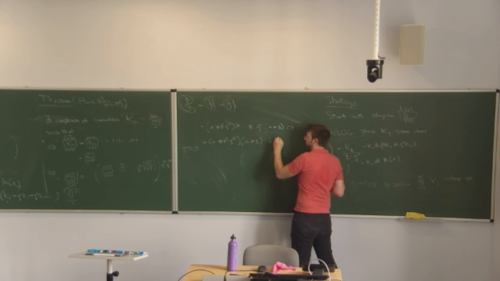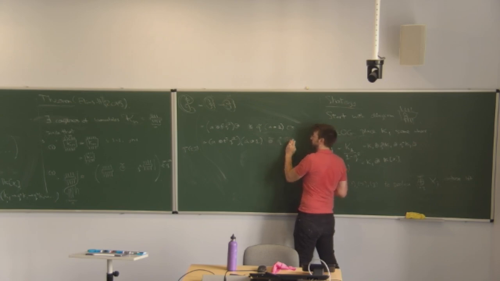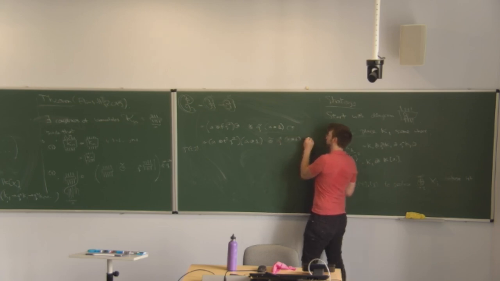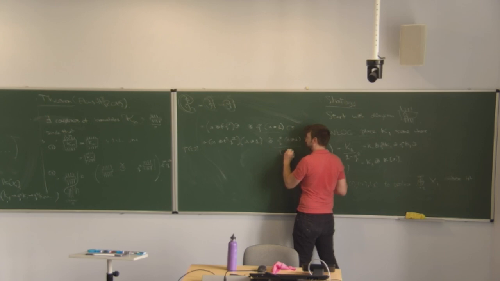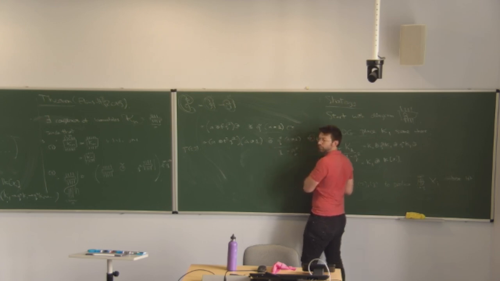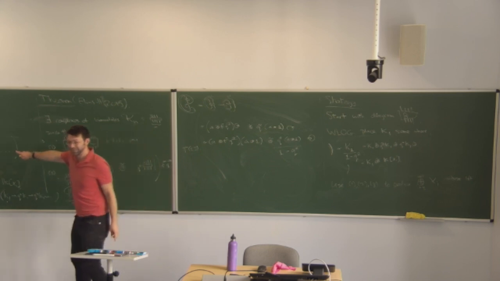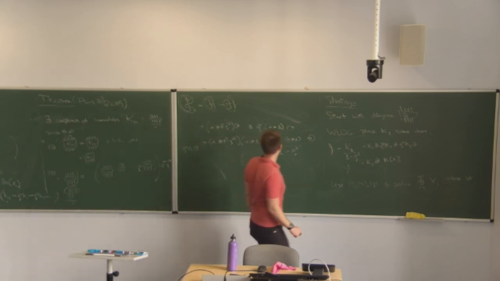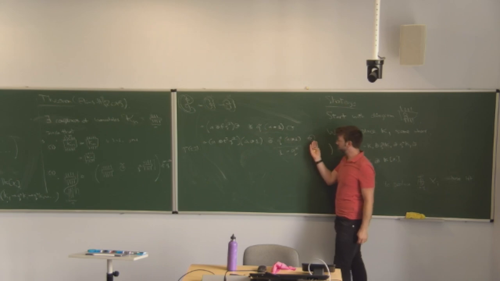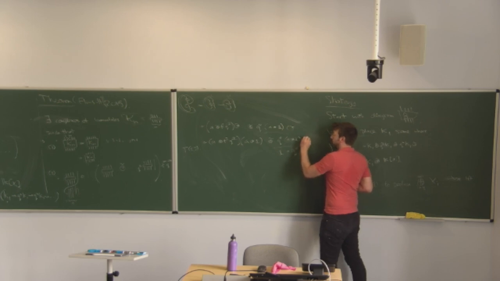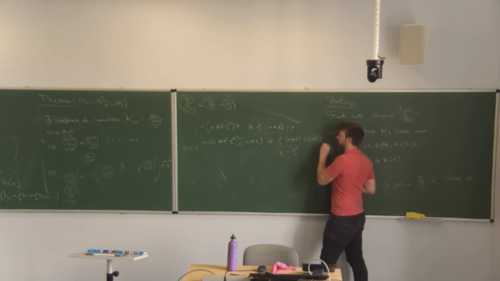And so we've convinced ourselves that we allow ourselves to put a K1 on that strand, but then the penalty for doing so is that we have to divide by 1 minus q squared. You have to be careful with how you interpret this. It's a direct sum of infinitely many copies of this thing with shifts, but then you compute that.